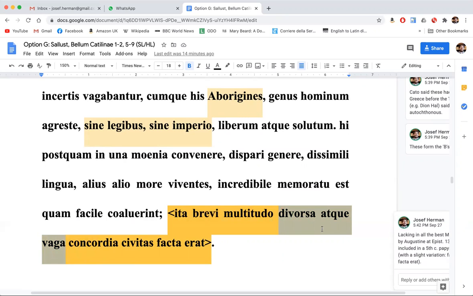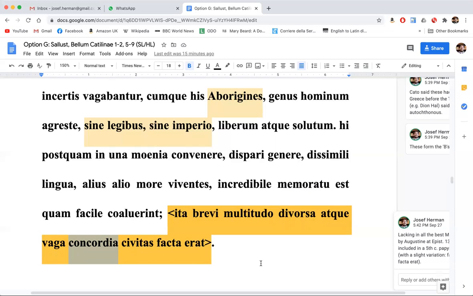Divorsa would be diversa in more normal Latin. So in such a brief time, a diverse and wandering crowd had been made, facta erat, pluperfect passive, had been made a community, civitas, by harmony. So concordia here is ablative of instrument, right? This has been done by harmony.